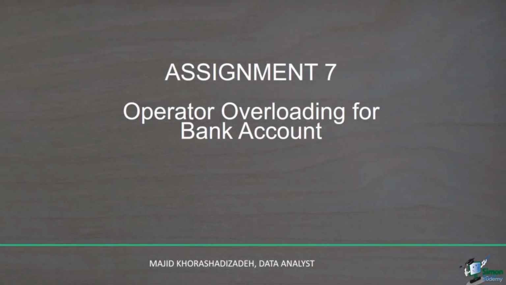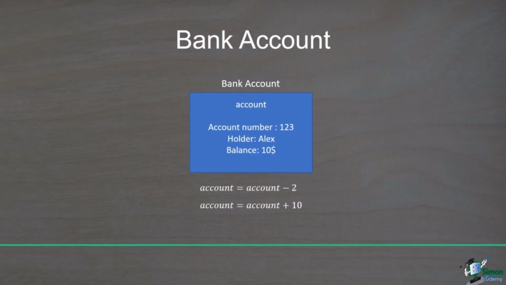The aim of this assignment is to give you a good understanding for implementation of arithmetic operations. In the previous videos, you saw the bank account object. A bank account object has three attributes: a bank account number, holder, and a balance. For this assignment, you have to implement addition and subtraction for the bank account class.